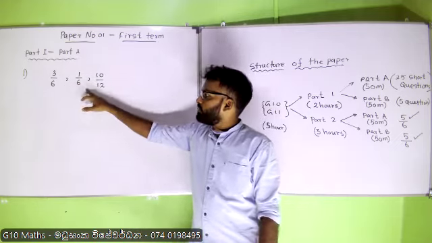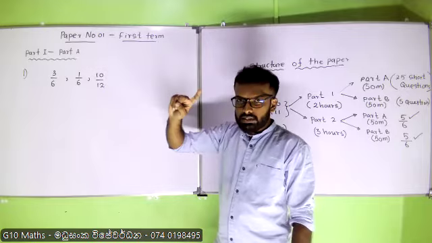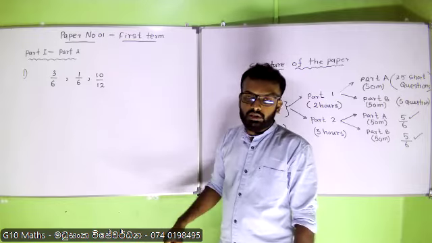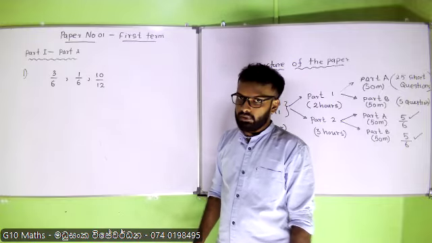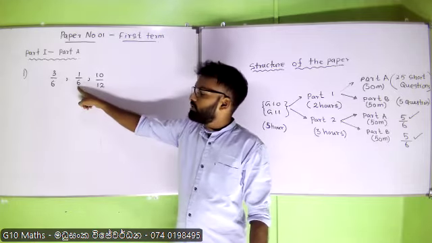There are two denominators, 6 and 12. You had better take the LCM of 6 and 12. It will definitely be 12. LCM, least common multiple.